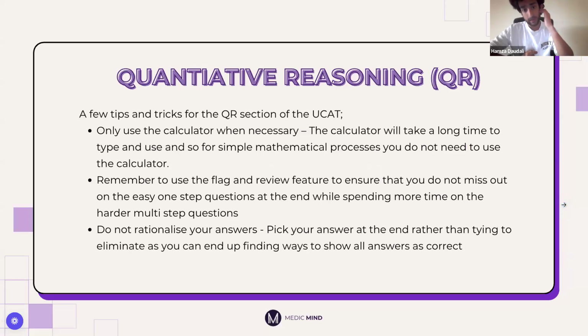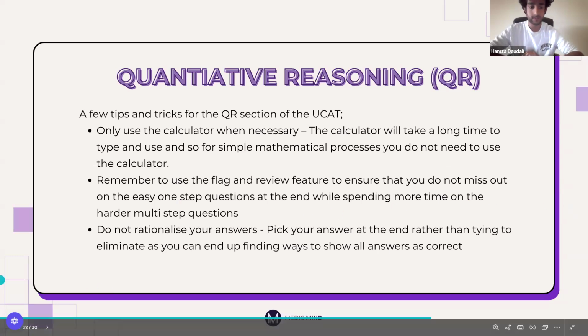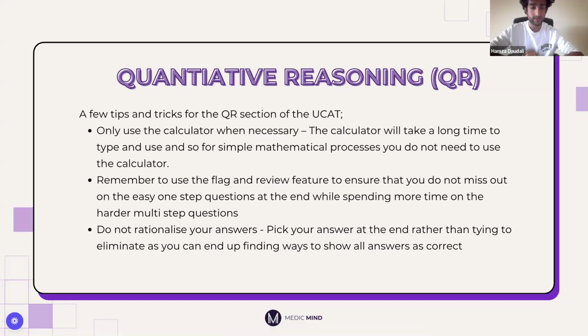Big tips for the QR section: only use the calculator when necessary. The calculator takes a long time to type and use. So for simple mathematical processes, you shouldn't need to use it, or you should try to avoid using it. The big issue a lot of students tend to face, from my years of teaching the UCAT, especially in quantitative reasoning, is the need for perfectionism.